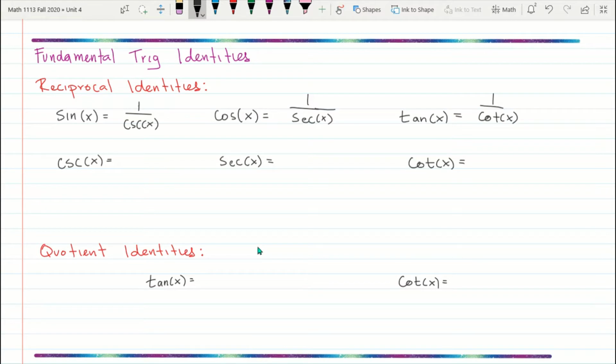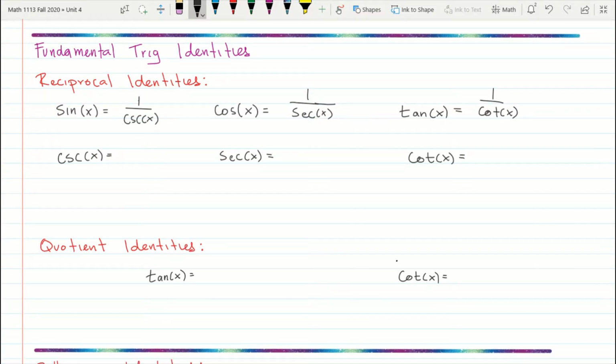So the idea for this first set of identities is that we use the reciprocal. The reciprocal just means flip the fraction, right? 1 over some value to recreate whatever's on the left side of the equal symbol. We're just rewriting that identity. Next we have cosecant, and cosecant is 1 over sine of x.